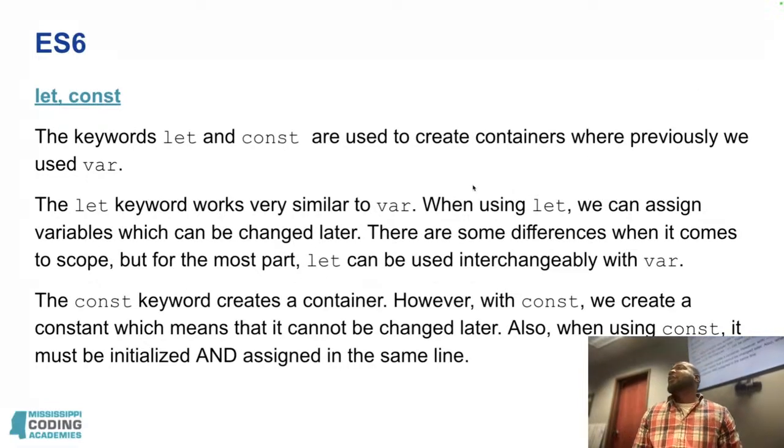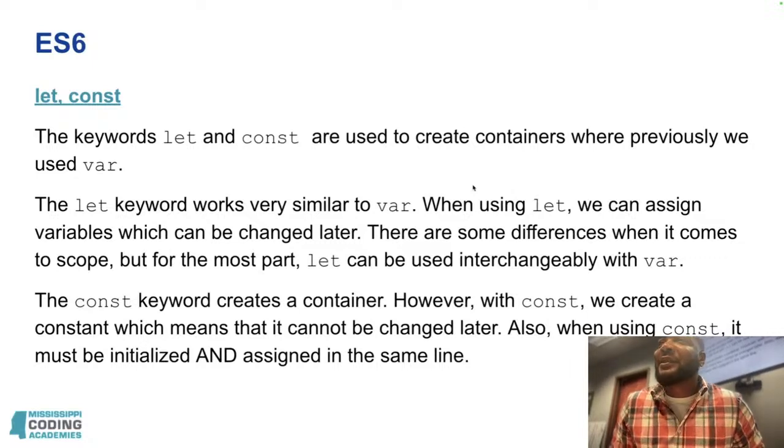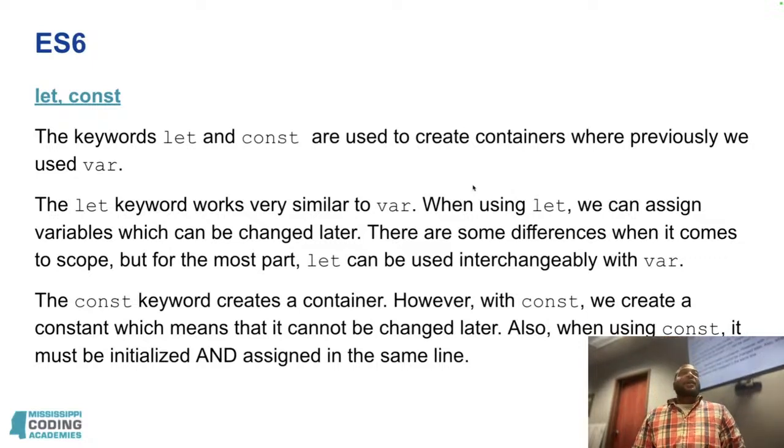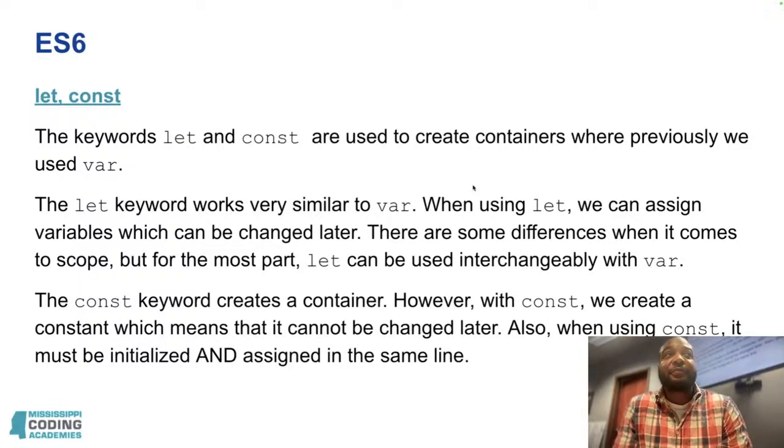To start off, we're going to use the keywords let and const. Let and const keywords are used to create containers where we previously used var. We can still use var, but we have two new keywords, let and const.